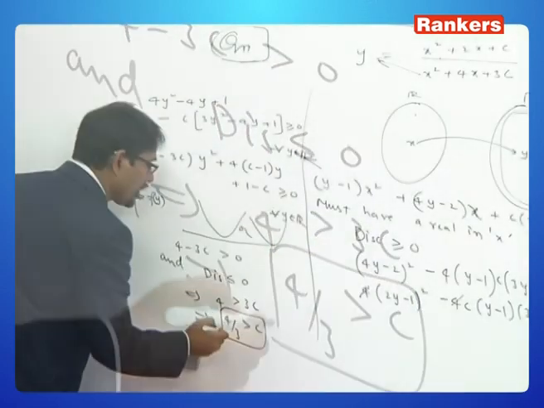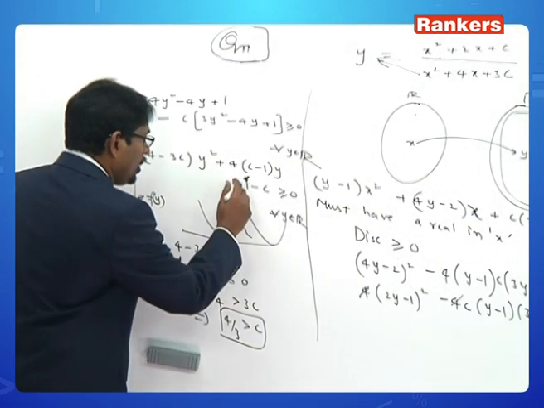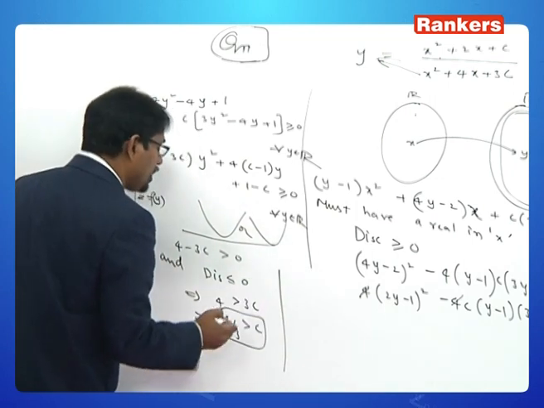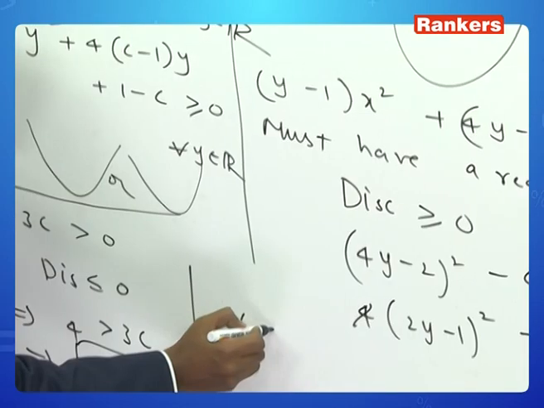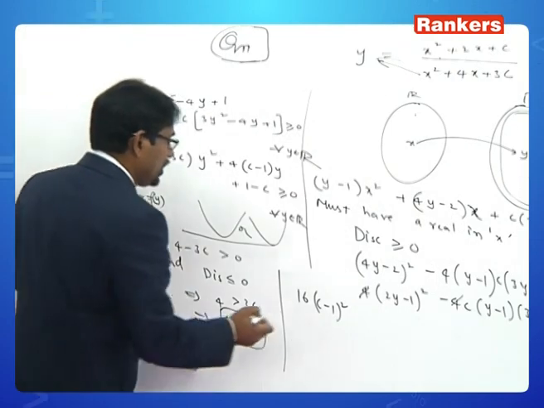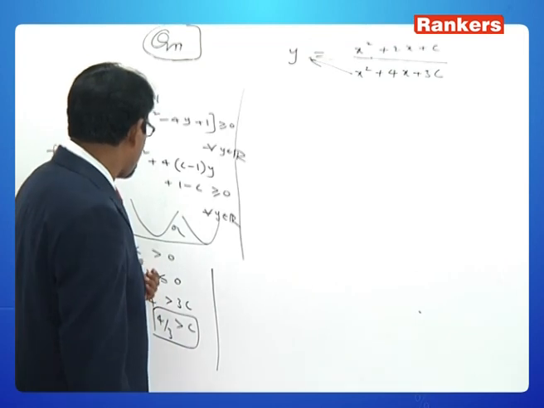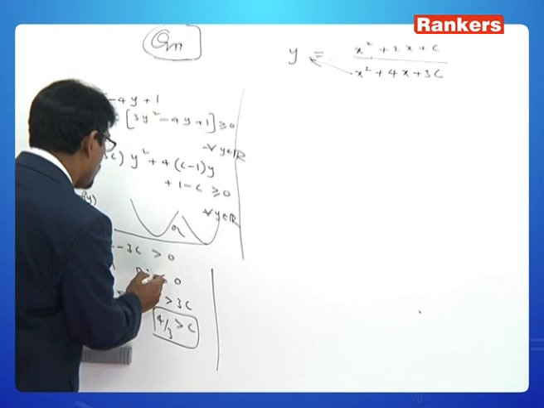That's one thing. And what else do you have here? The discriminant should be less than or equal to 0. So what is the discriminant? 16 into c minus 1 the whole square minus 16 into 4 minus 3c should be positive, and the discriminant should be less than or equal to 0.